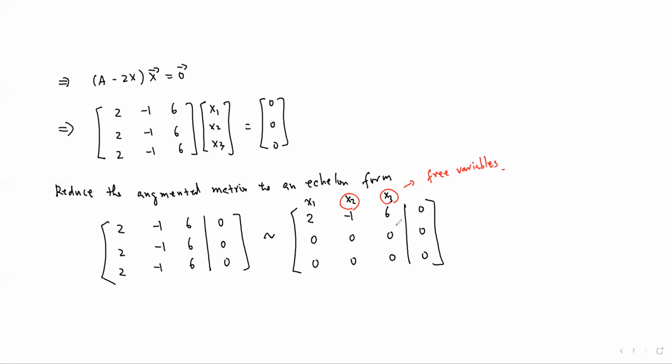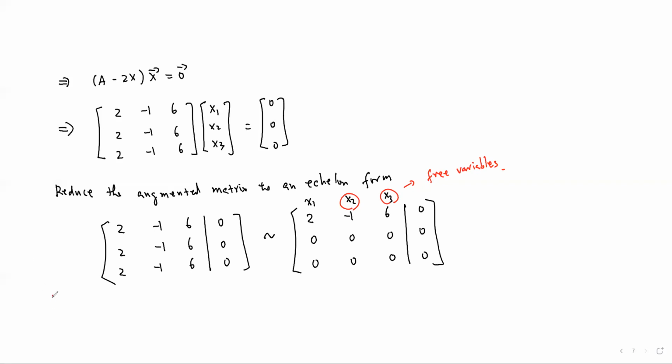Whenever a linear system has a solution, a consistent linear system, when a consistent linear system has a free variable, the linear system has infinitely many solutions.